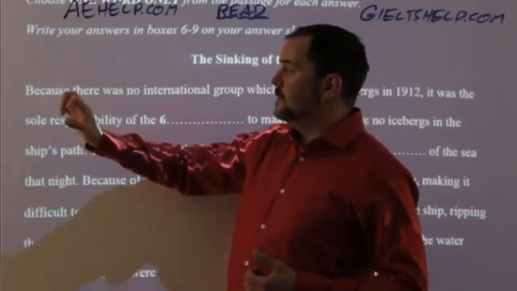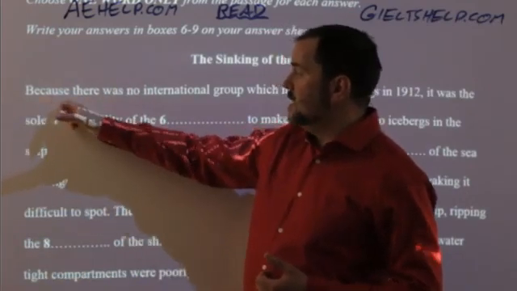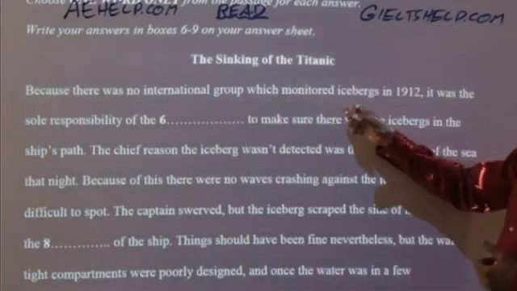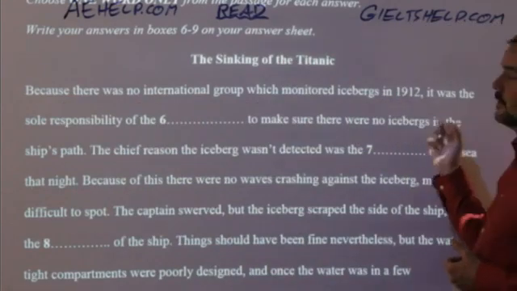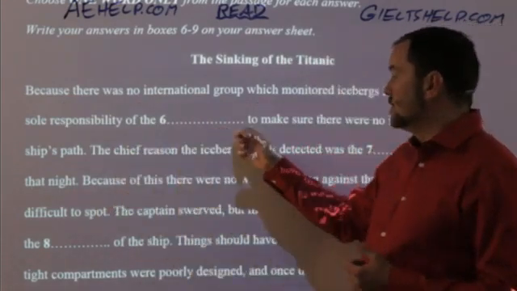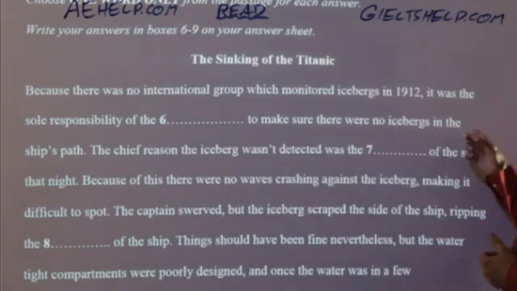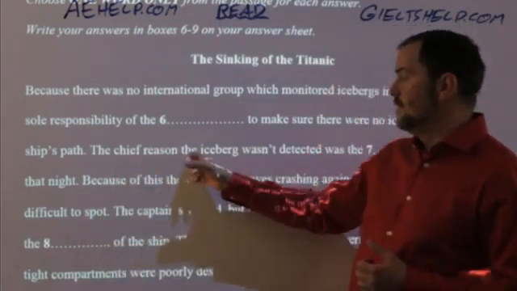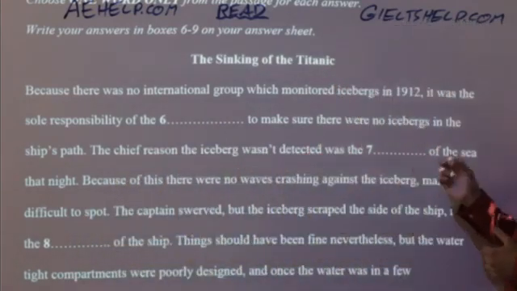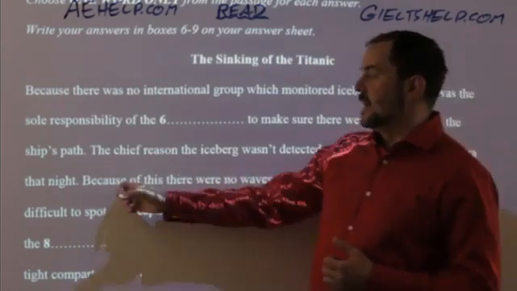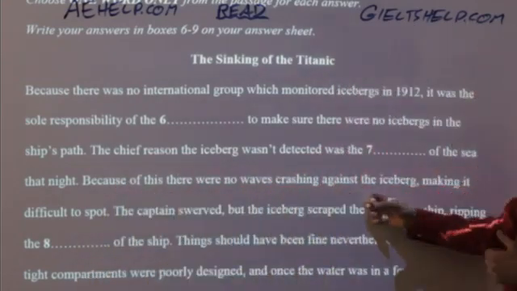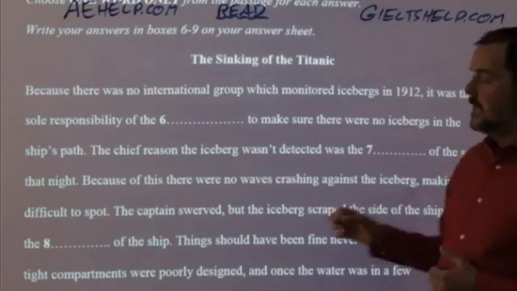This is about the speed that you need to read. Because there was no international group which monitored icebergs in 1912, it was the sole responsibility of the something to make sure there were no icebergs in the ship's path. The chief reason the iceberg wasn't detected was the something of the sea that night. Because of this, there were no waves crashing against the iceberg, making it difficult to spot.